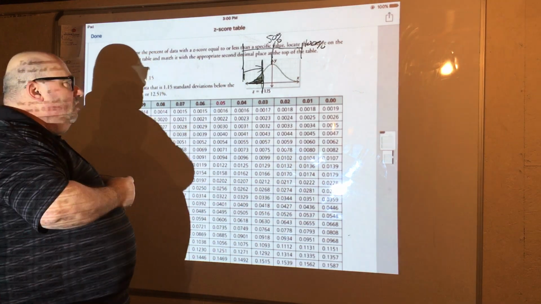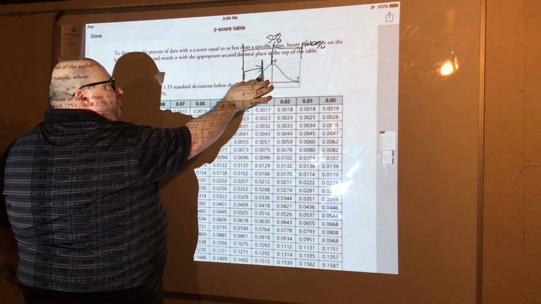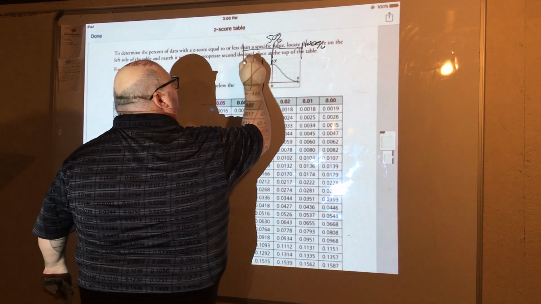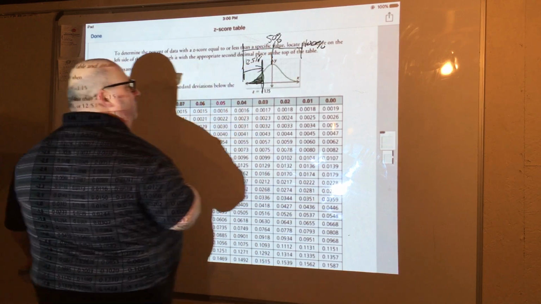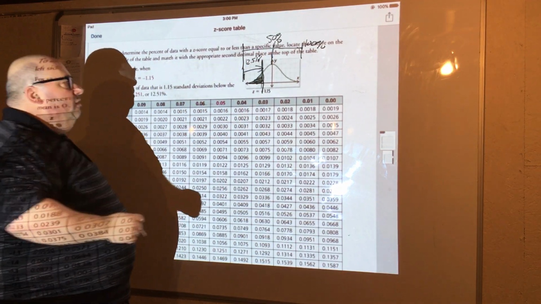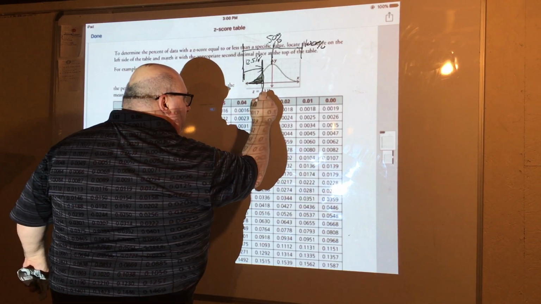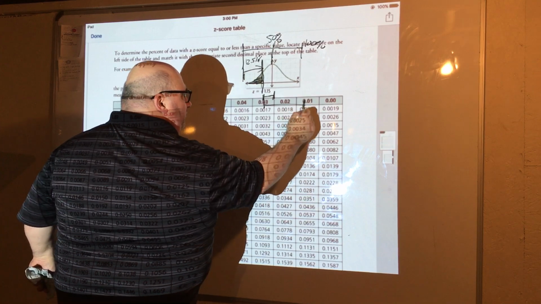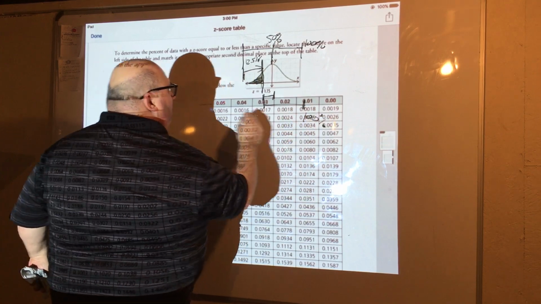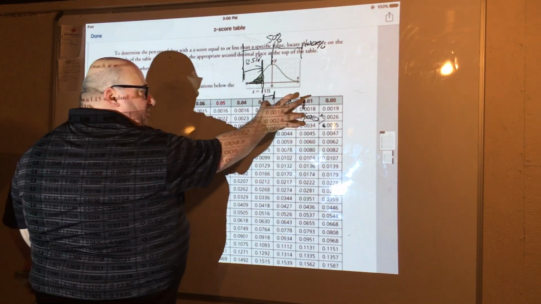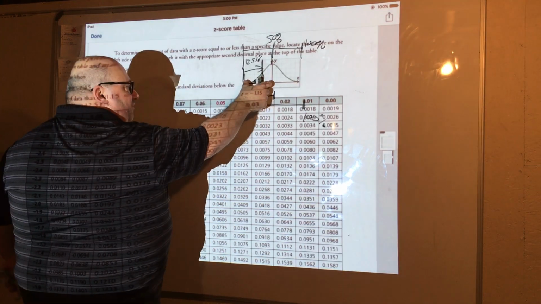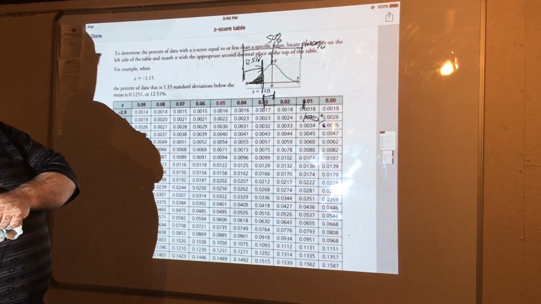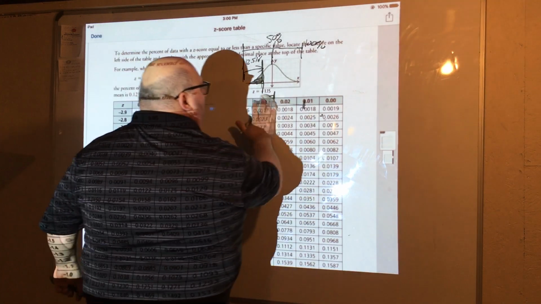So if we know that this part here is 12.51%, then we could theoretically find out how far it is from here to the end. Because this would be 100% minus this 12.51%, which would tell us what's in here. Or 50% minus this would tell me that little part in there, yeah? So we can play around with the math here.